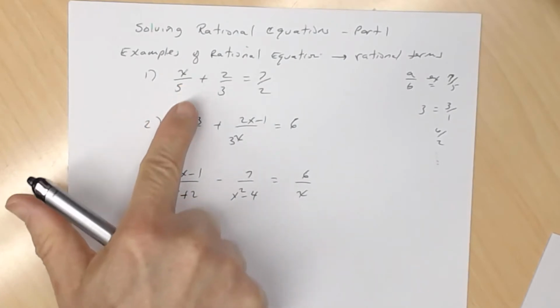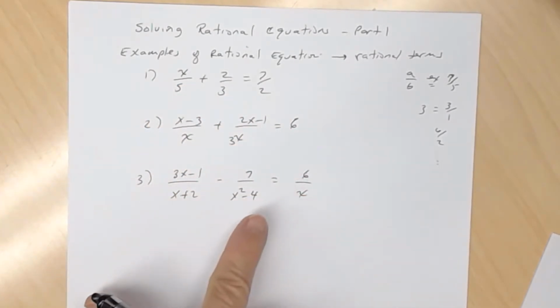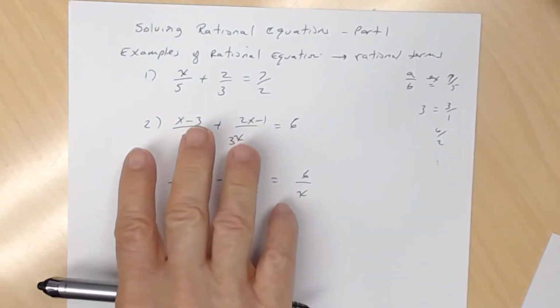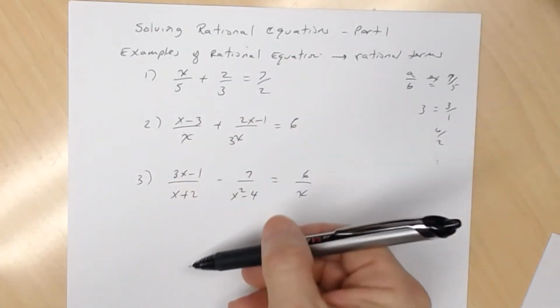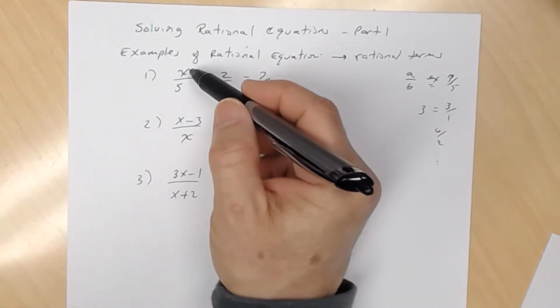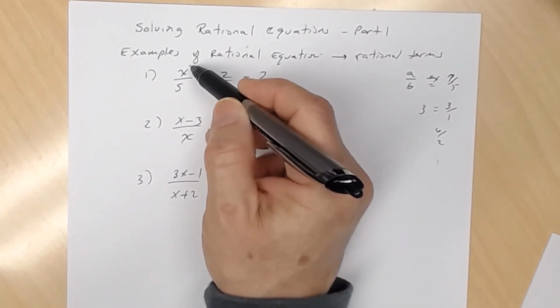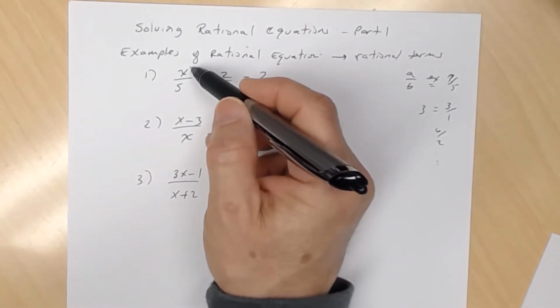Each term is a rational expression. Now, keep in mind though that in order for these to be rational, and it'll be in this lesson and in all the lessons that pertain to rational equations, the exponents have to be whole numbers. So you won't see any of them being like x to the negative second.